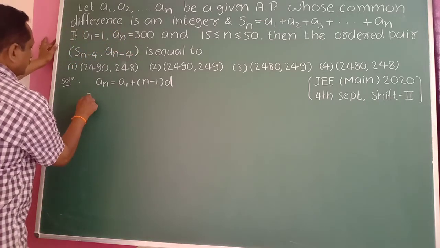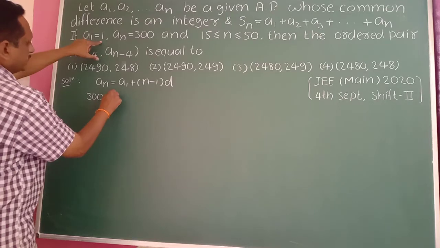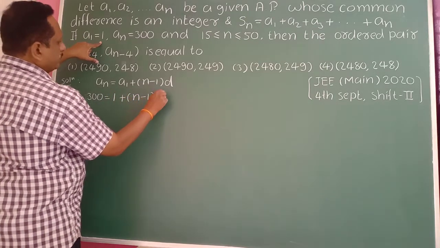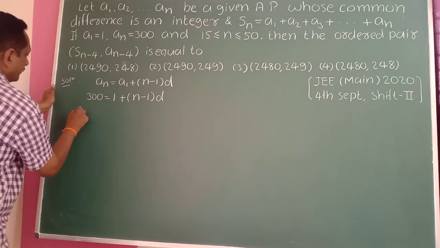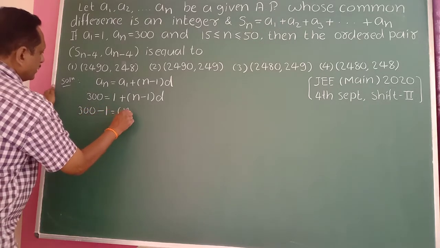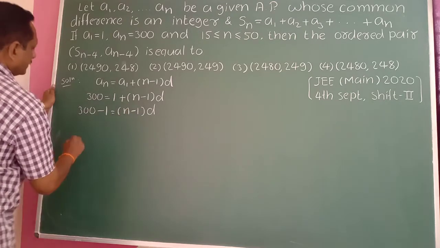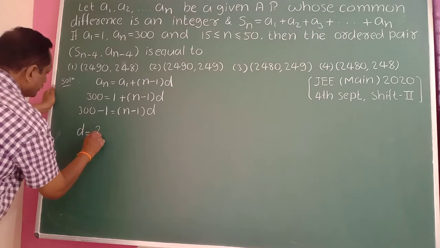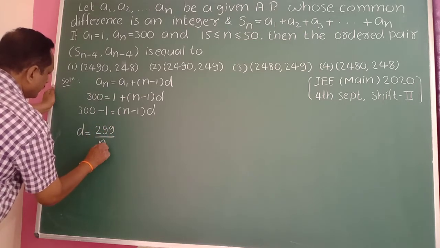So 300 is equal to A1 is 1 plus n minus 1 into d. Take 1 this side, 300 minus 1 is equal to n minus 1 into d. And cross multiply, d is equal to 300 minus 1 becomes 299 divided by n minus 1.